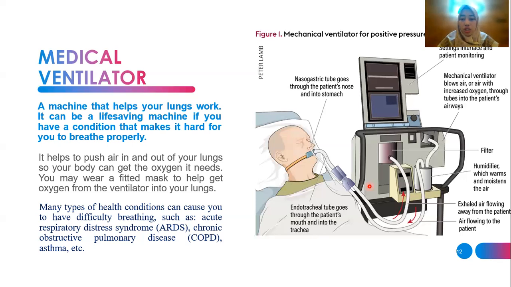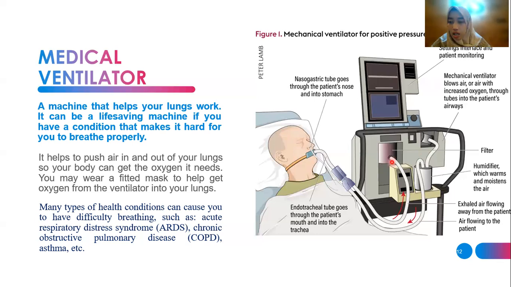This is a picture of a mechanical ventilator for positive pressure ventilation, which has many tubes and a monitor for setting the interface and patient monitoring. Mechanical ventilation blows air, or air with increased oxygen, through tubes into the patient's airway.